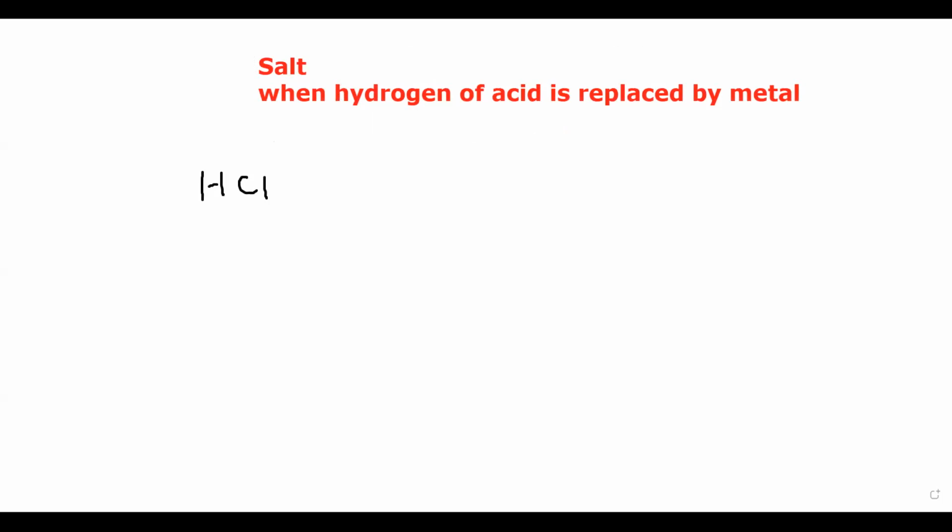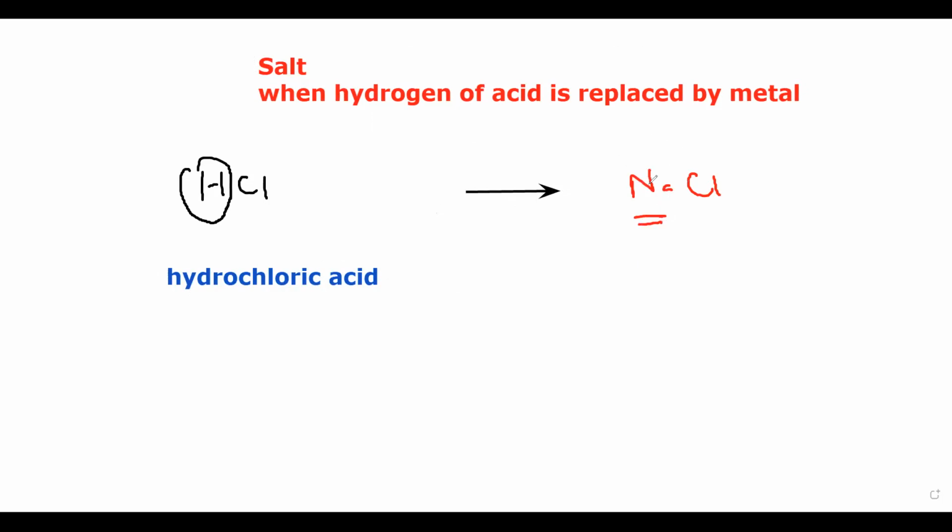HCl is known as hydrochloric acid, but when this hydrogen is replaced by any metal, for example sodium, calcium, magnesium, any metal we write in place of this hydrogen, so that hydrogen is replaced by the metal, what do we call that? We call that a salt. So basically, this is sodium chloride salt.